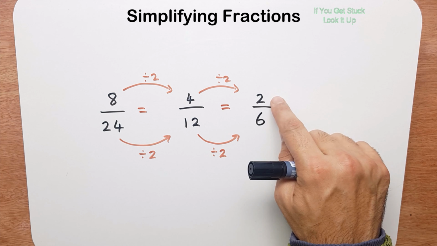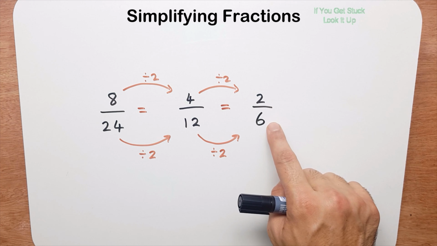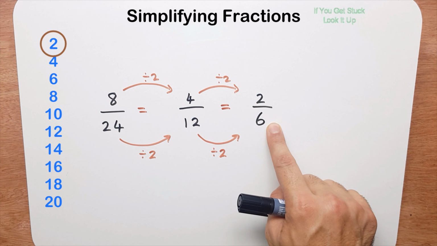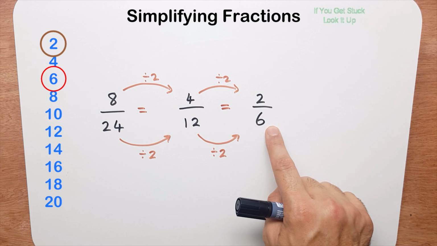So now I have 2 sixths, and I can see that 2 and 6 are both in the 2 times table, so I can simplify this further. I can divide the numerator by 2 and the denominator by 2.